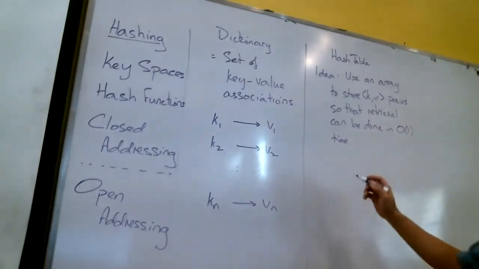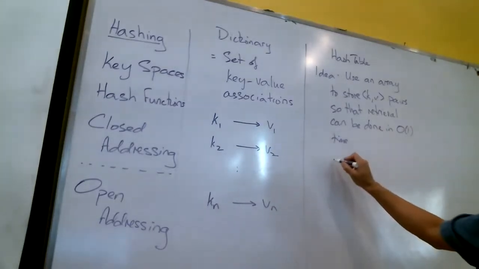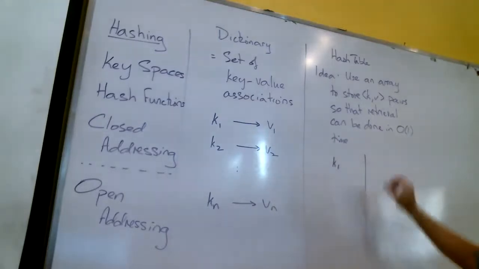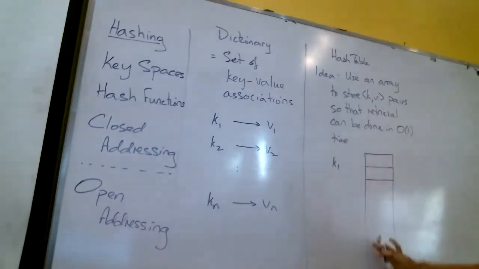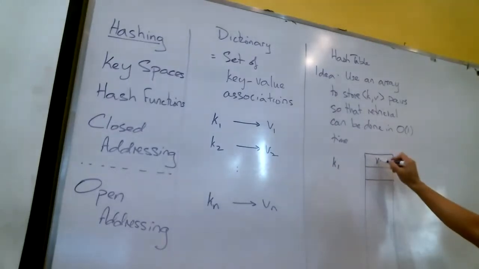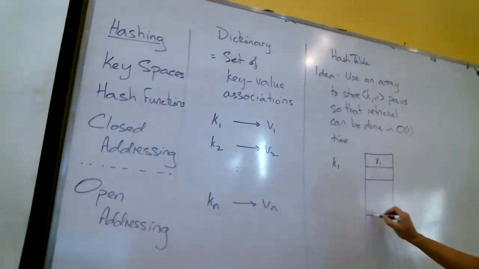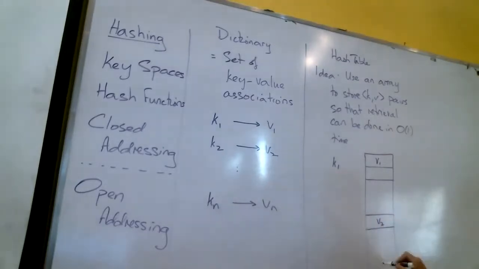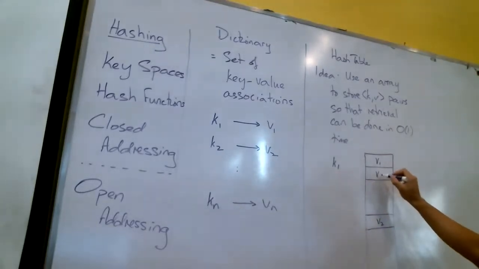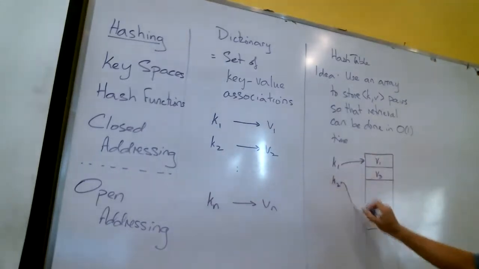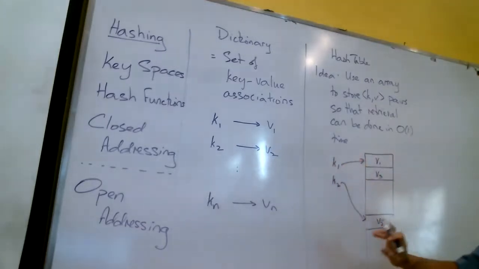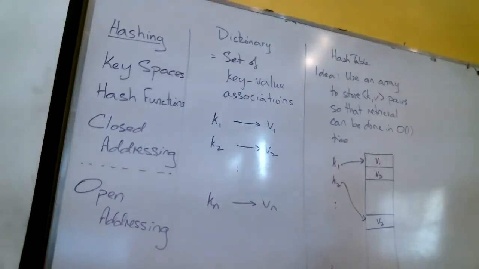In other words, what would be ideal is if we could do the following. We might store in our table values, and somehow what we would get is a mapping between these keys and the addresses of the values.